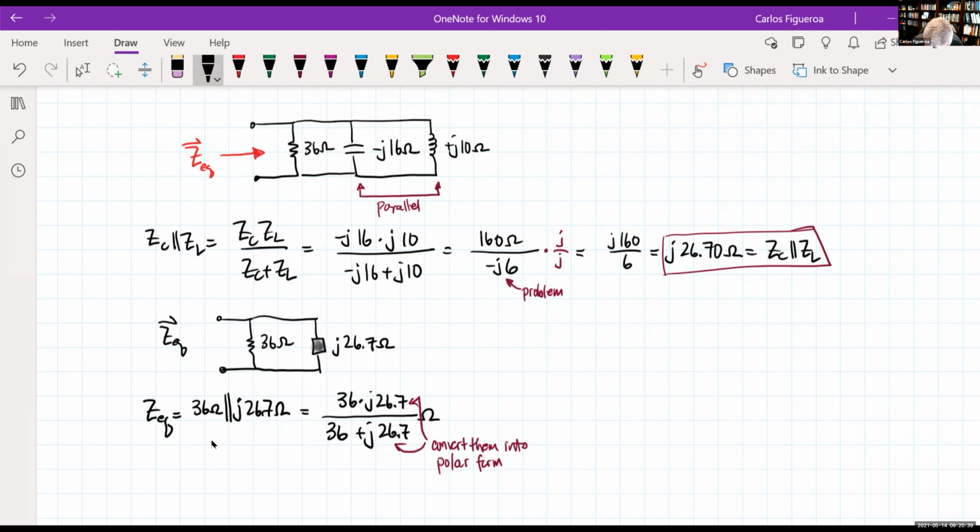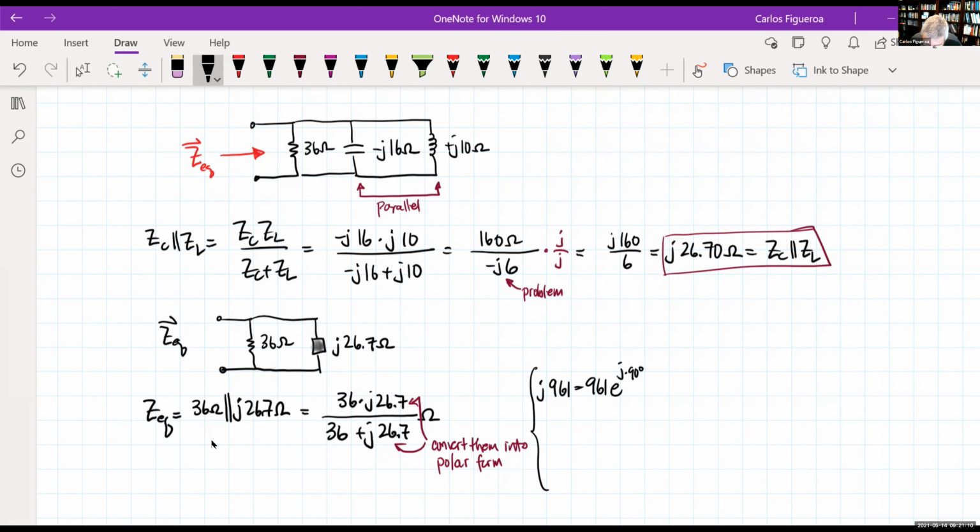So if I convert them into polar form, the first one is just going to be 36 times 26.7. That gives me 961. And then I get j, but remember j in polar form is 961 e to the j 90 degrees. Okay, I got the first one.